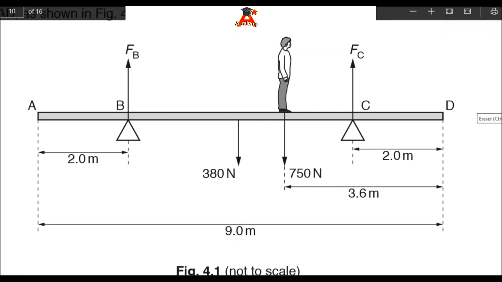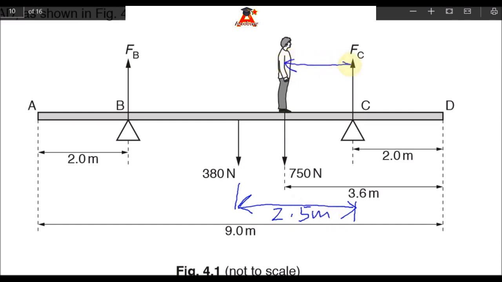What is the distance of this 380 Newton force from the pivot C? This perpendicular distance of the force from the pivot C is 2.5 meters. Then we need to find the distance of the man from the pivot C, this distance here.